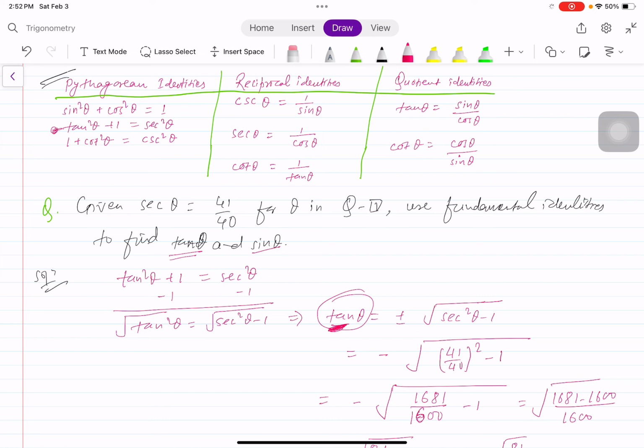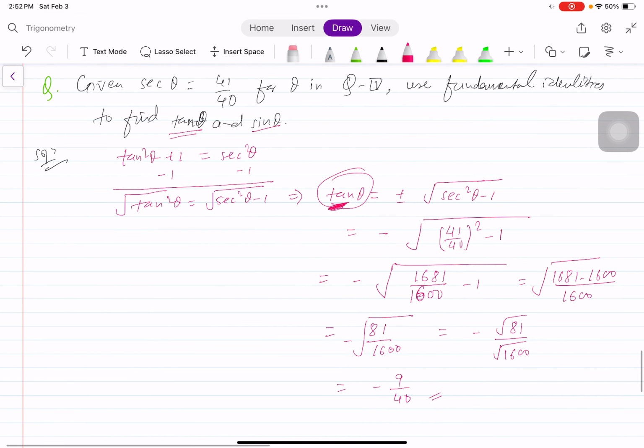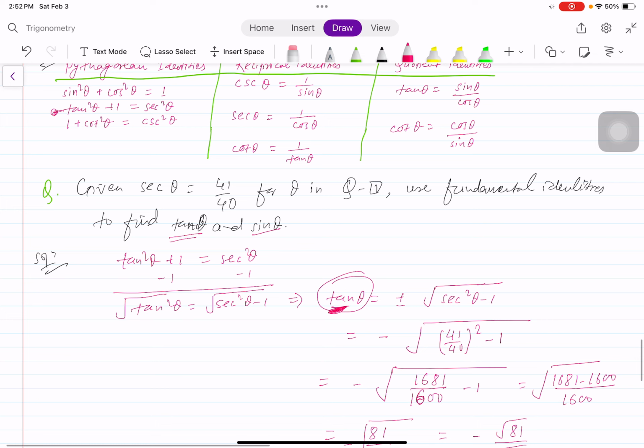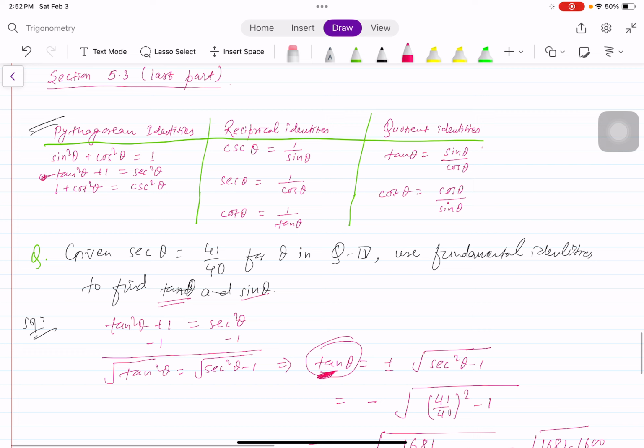So be careful while you choose your identities. The best I see here is, since I know tangent and since I know secant, it means I know cosine. If I choose this relation, I know tangent, I can get cosine from secant, and the only thing unknown remains is sine, which is the required thing.